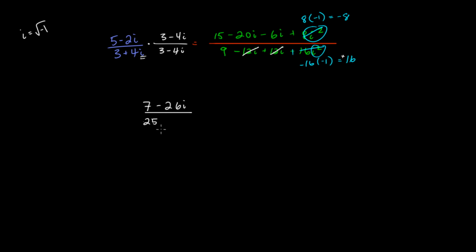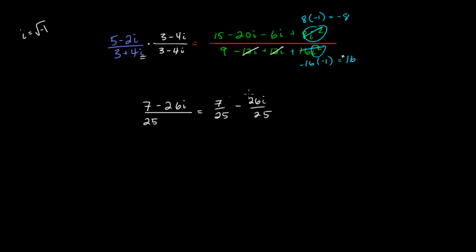But this isn't the best way to write our imaginary number. We want a real component and an imaginary component. So if you remember, anytime you have a binomial or a polynomial in a numerator and a single term in the denominator, we can actually break up the numerator to be over the terms of our denominator. So we can rewrite this as 7 over 25 minus 26i over 25.